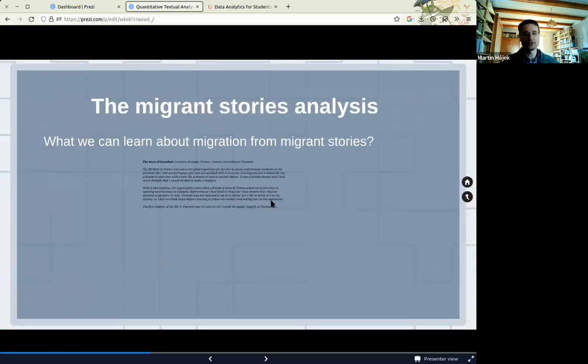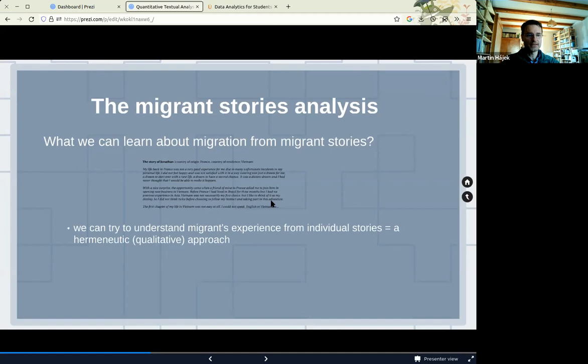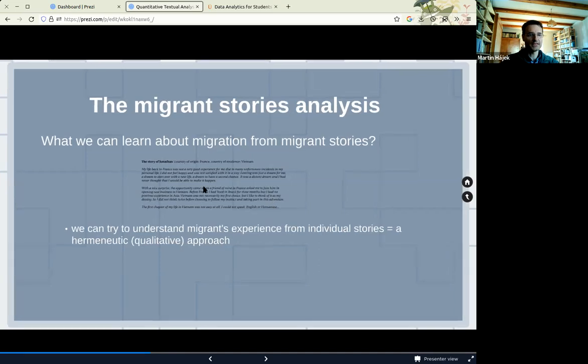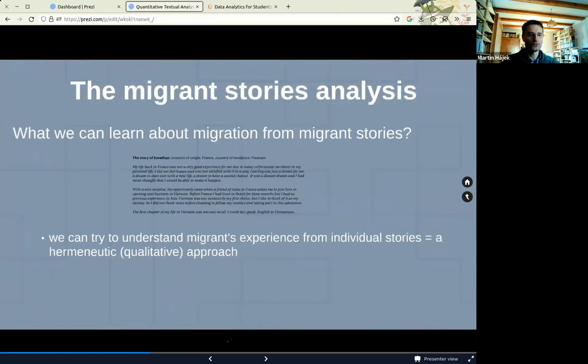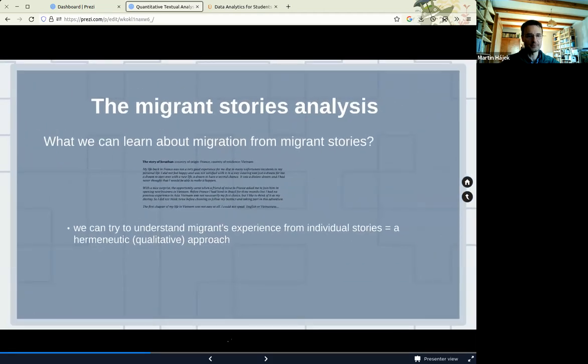So there are two approaches for how to get information and analyze them. First is that we can try to understand migrants' experience from these stories, because we can read them and understand what Jonathan is communicating to us, what he is saying about his life, and we can try to understand the migrants' experience by reading individual stories.